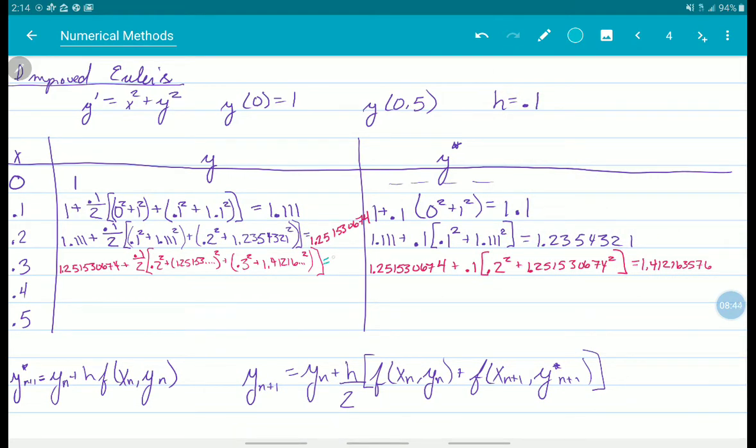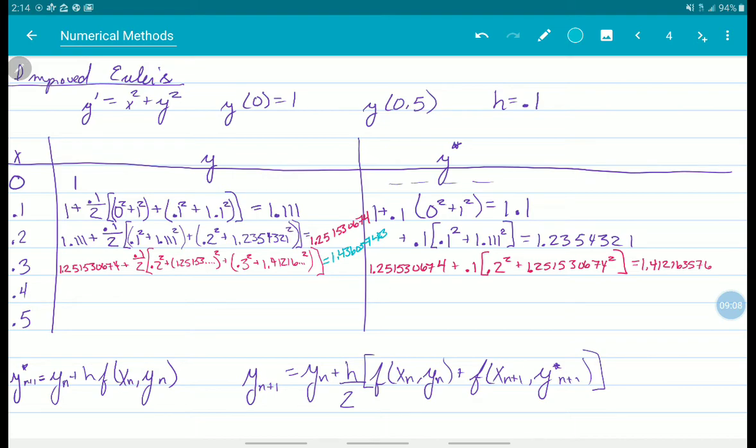So I got 1.436057 and some change. This is 423.